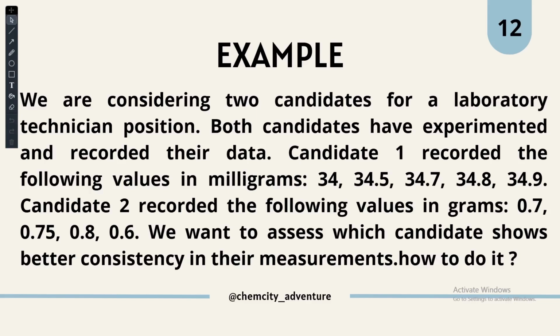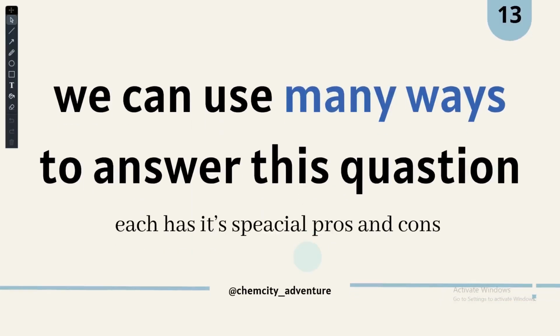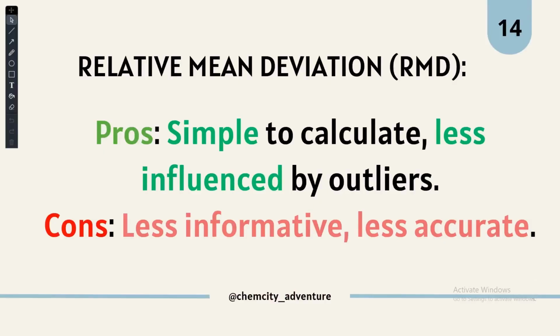How to do it? You again have time, you can pause the video and answer it yourself and then check it with us. Again, we can use many ways to answer this question. Each has its special pros and cons. Relative mean deviation, RMD.